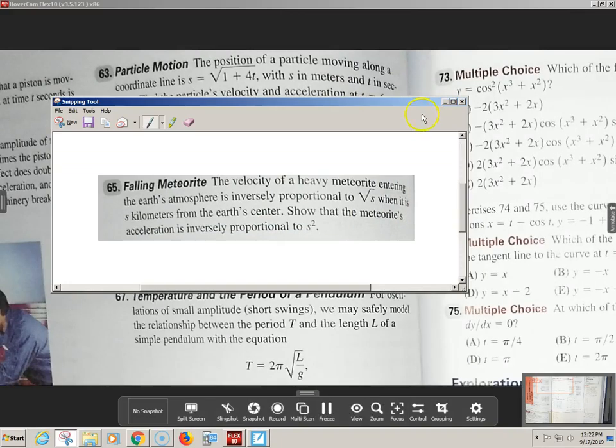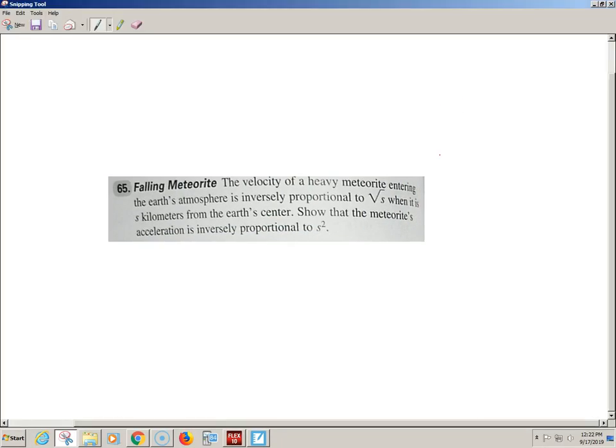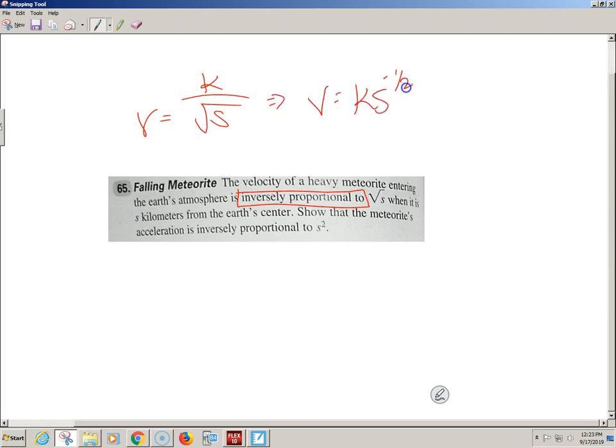Math models. Back in the day it was direct variation, inverse variation. Let's translate. You have to make your own equation. Velocity is inversely proportional to the square root of s, when s is the kilometers from the Earth's center. Show the meteorite's acceleration is inversely proportional to s squared. So I would have rewritten this as v is equal to k s to the negative 1/2.